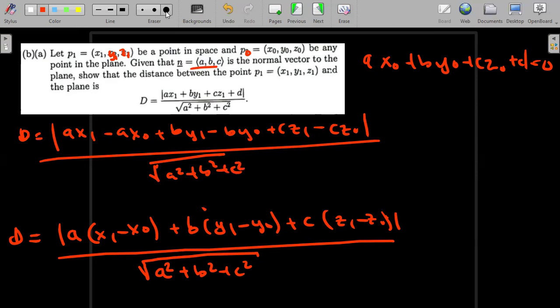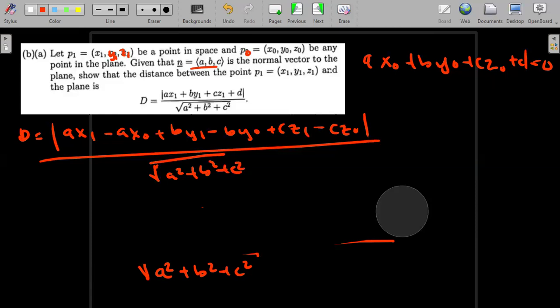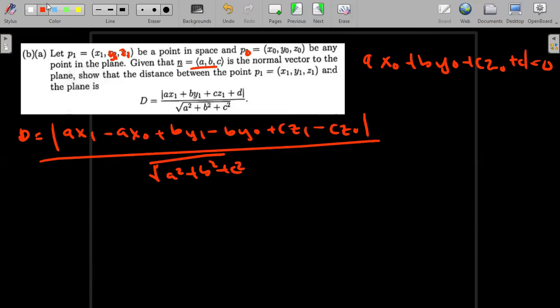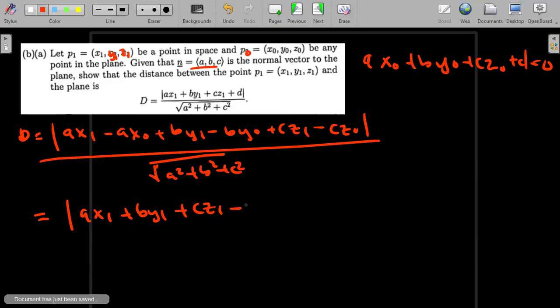So from here, you can factor out. You can say this is going to be equal to the modulus. You just leave the ones with the ones: ax1 plus by1 plus cz1. So this is going to be minus. Then you can have the other one.